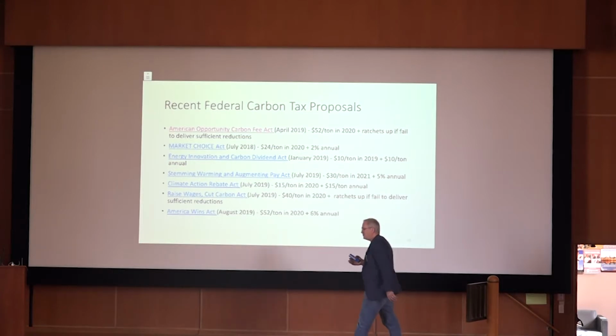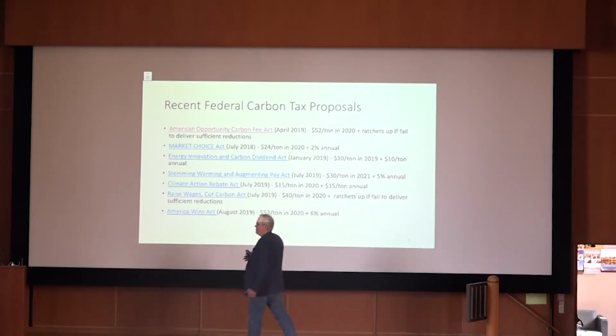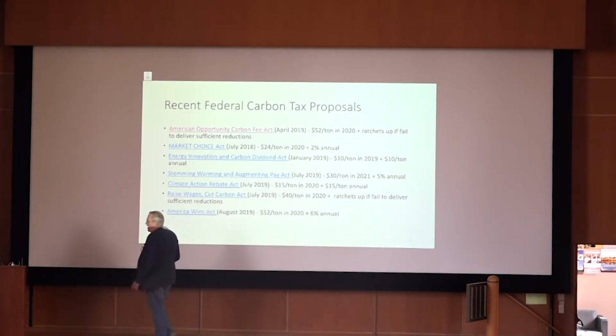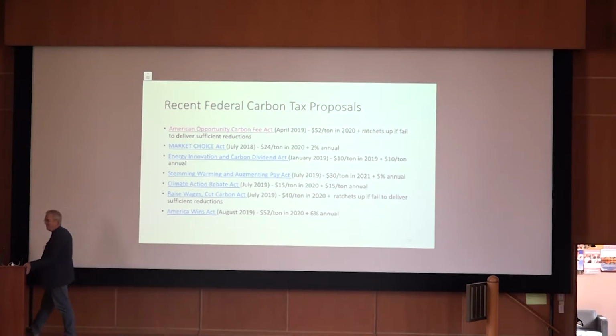At the same time, what we've seen is a proliferation of carbon tax bills that have been submitted to both branches of Congress. And I don't want to make too much about this, but there are a whole bunch of these things, and most of them have bipartisan sponsorship of some kind.